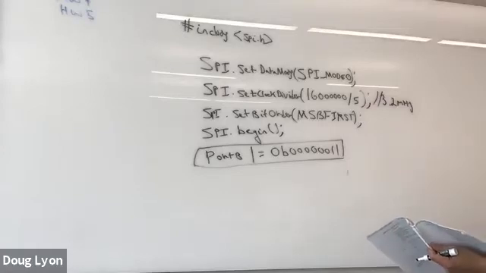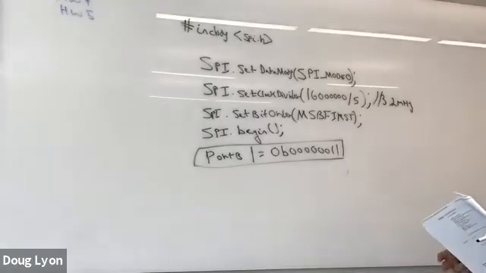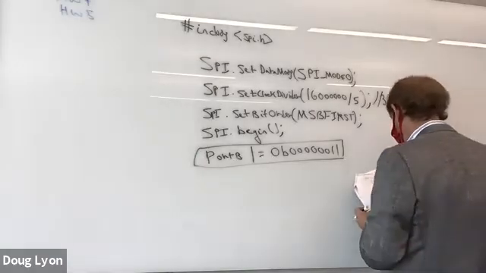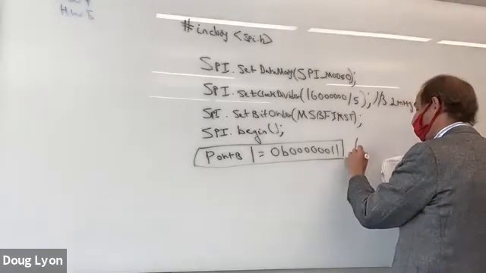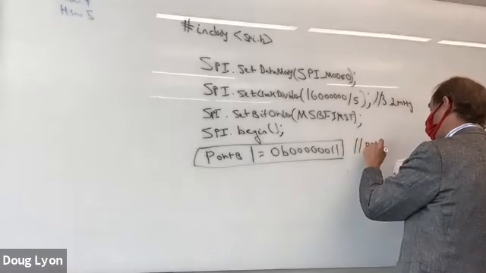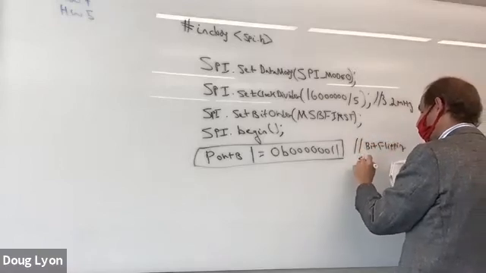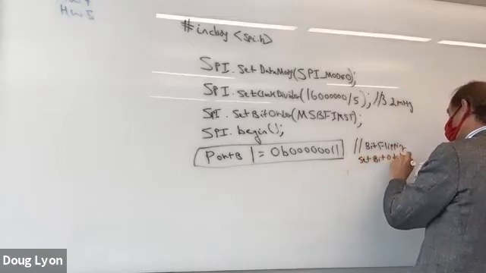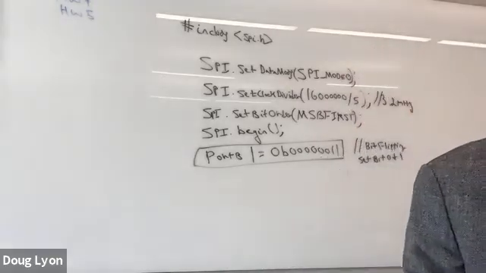This is essentially going to set bits 0 and 1, setting them both. And what that does is it sets the chip select and the LDAC to the default high state. So this is more bit flipping, and sets bit 0 and 1 on port B.